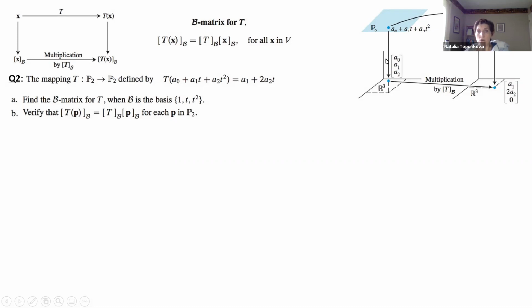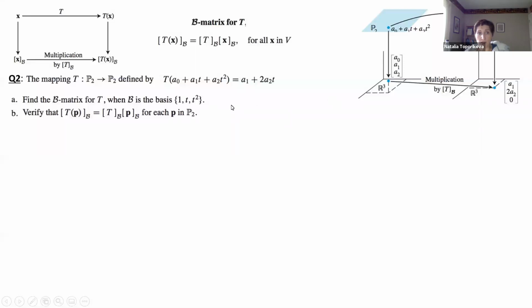Okay, so it seems like these two R3 spaces are much easier to work with, but how can we go between the two? It would be much easier if we could go between the two R3 spaces. And we know from the previous chapter that there should be some kind of matrix which can be multiplied to basically do the same transformation.